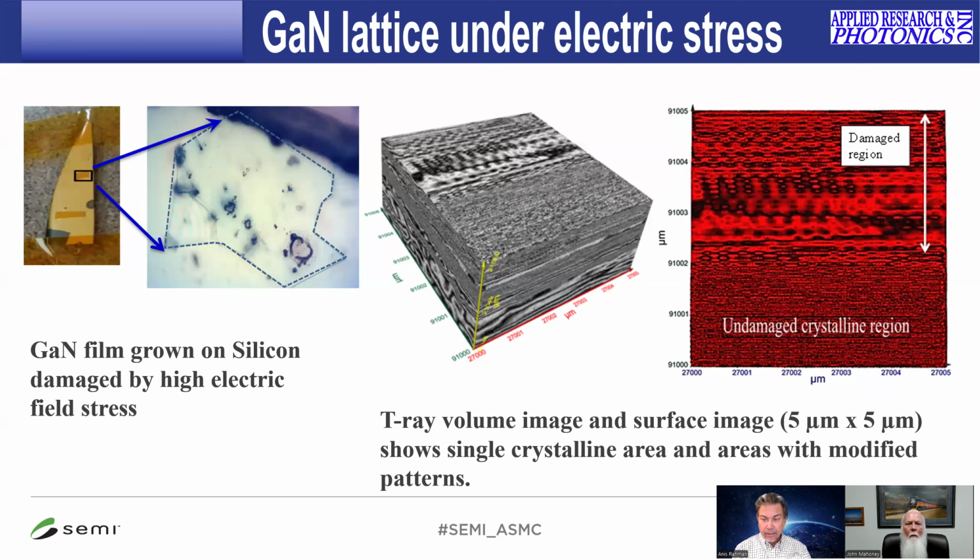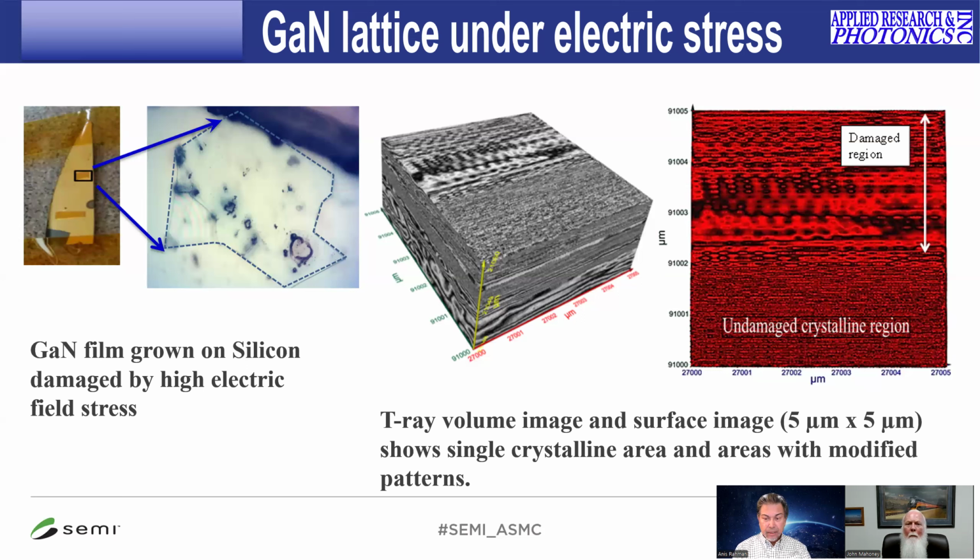If we make another sample where the damage is, then we can see the change in lattice structure. But here we are talking about the whole volume image of a given volume. It can be a few micron by few micron by few micron, or few millimeter by few millimeter by few millimeters, or alternatively, the whole wafer.